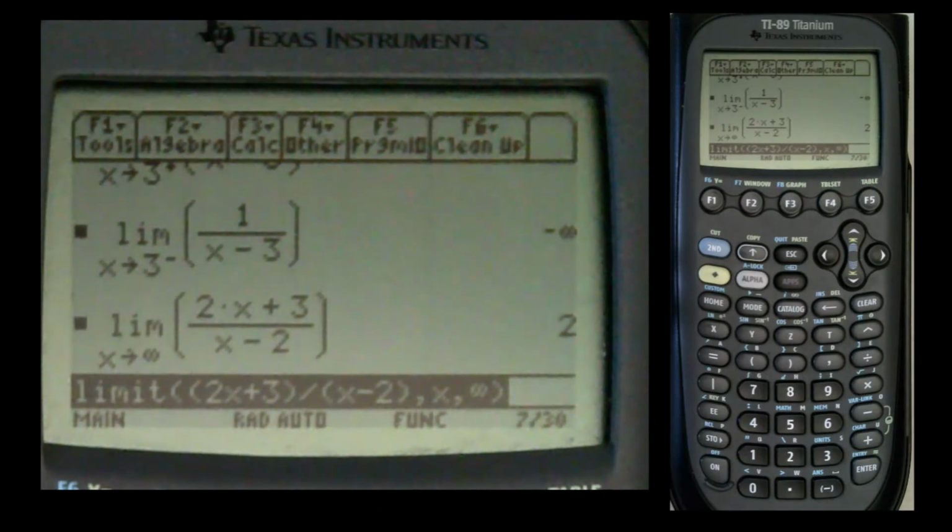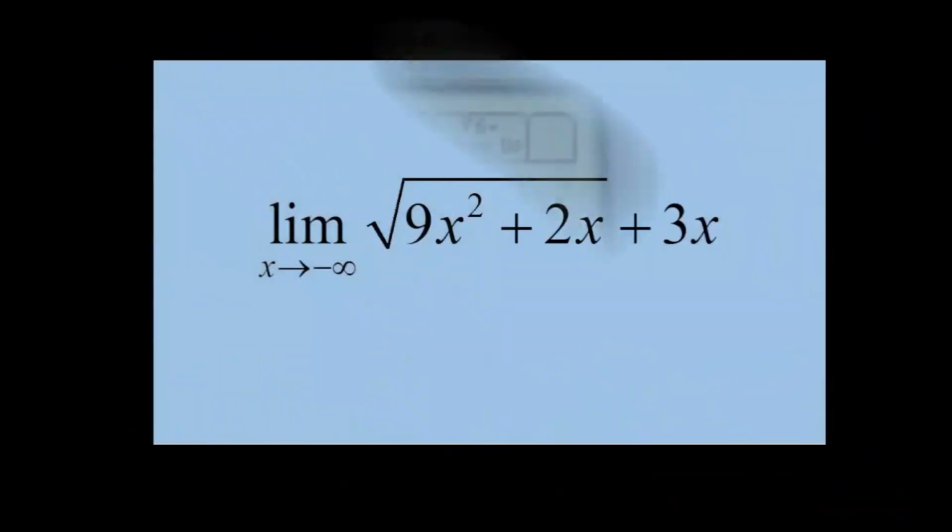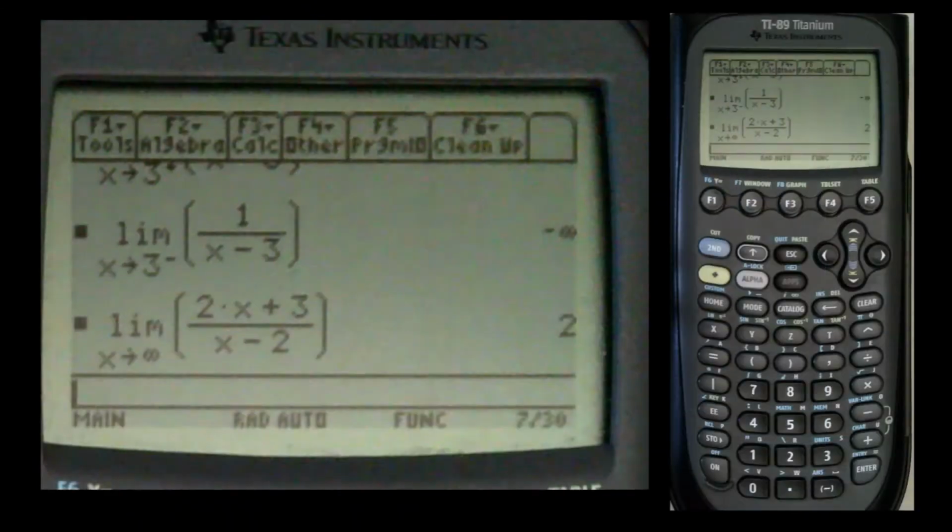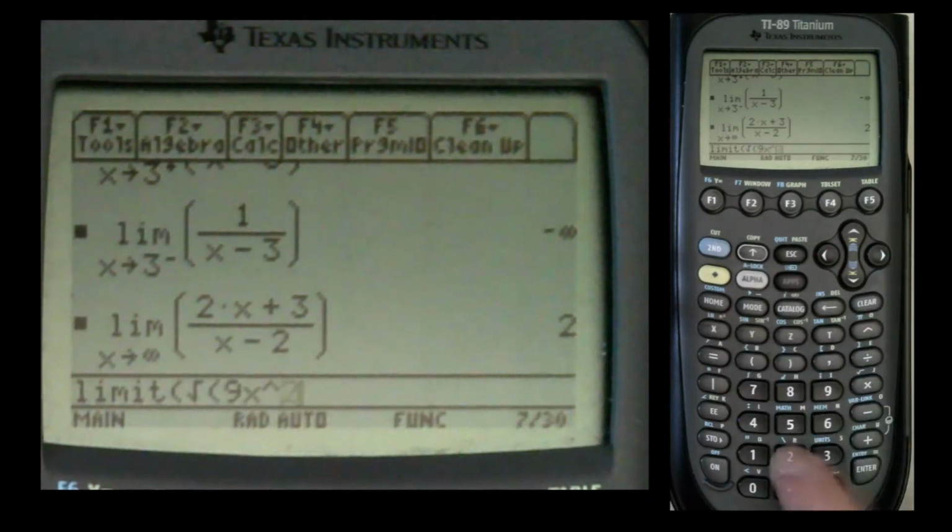Okay. Similarly, I can approach negative infinity, so let's look at this function. If I do the limit of the function square root, you can see the square root puts in the parenthesis there, plus 2x, close the parentheses, plus 3x.